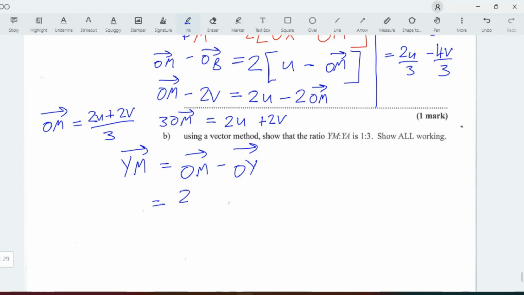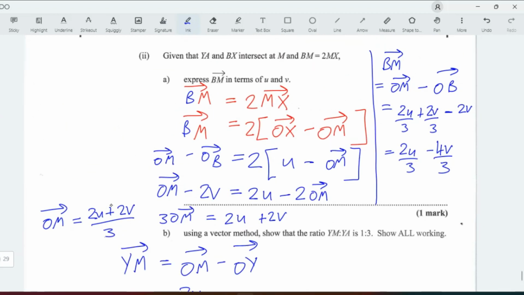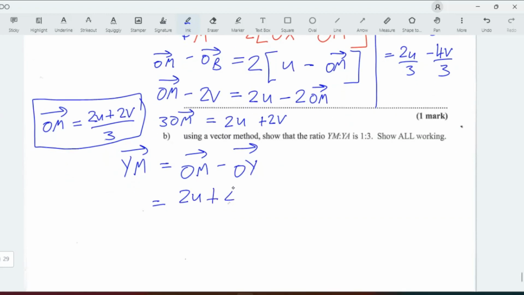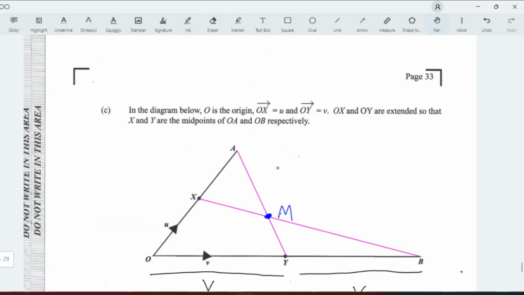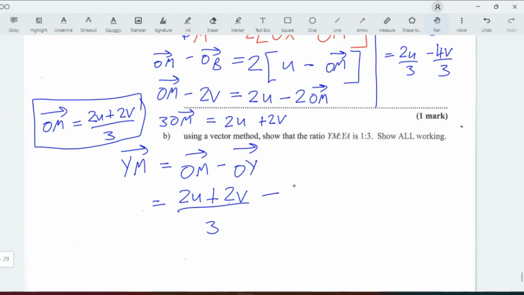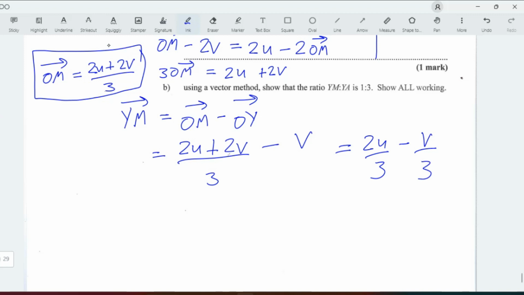OM is 2U plus 2V over 3, minus OY, and OY we said was V. So we do our subtraction and we get 2U over 3, and 2 over 3 minus 1 is minus 1V over 3. That's vector YM.